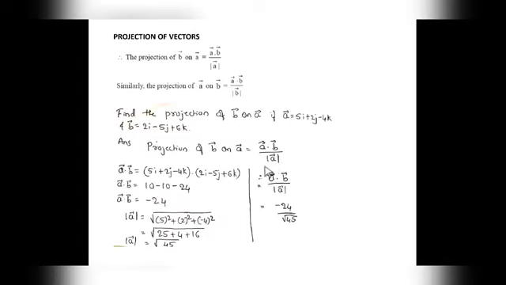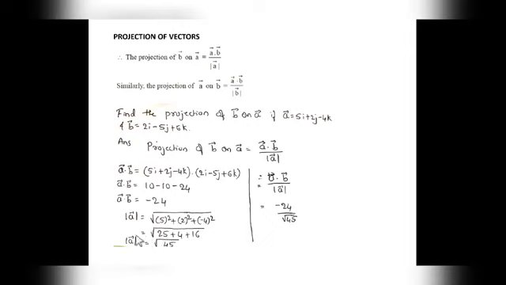Now I have to find out magnitude of vector A, so I have to take only magnitude of vector A, which is equal to square root of 5 square plus 2 square plus minus 4 square. 5 square is 25, 2 square is 4 and minus 4 square is 16. 16 plus 4 is 20, 20 plus 25 is 45.